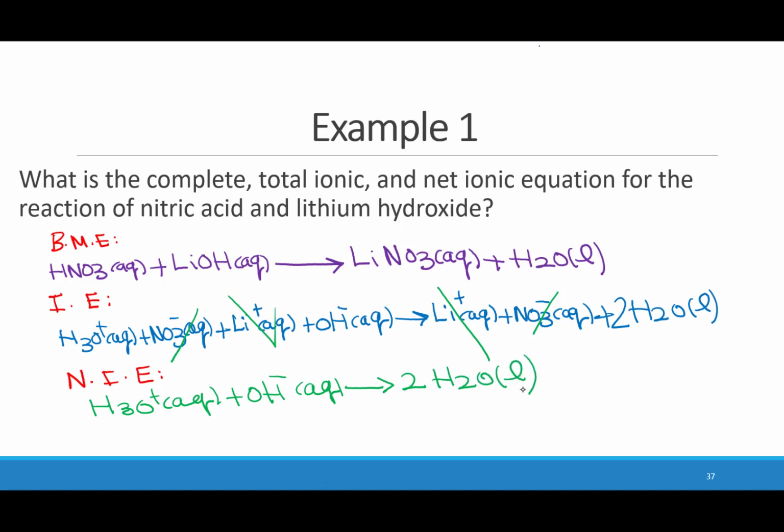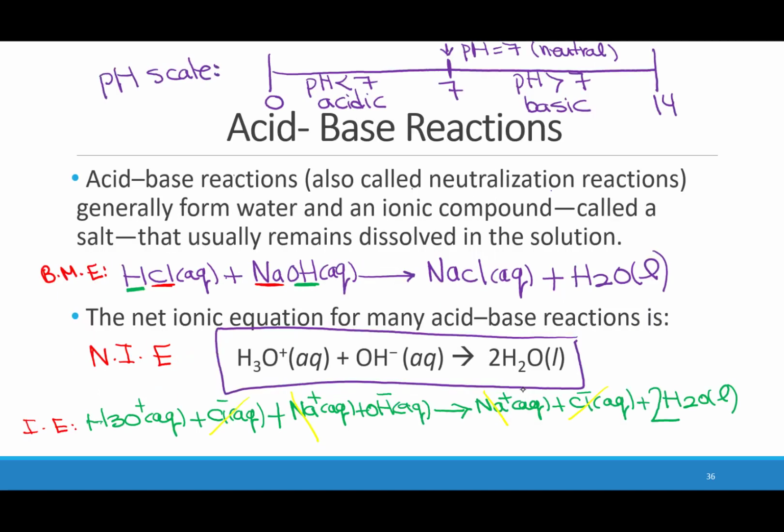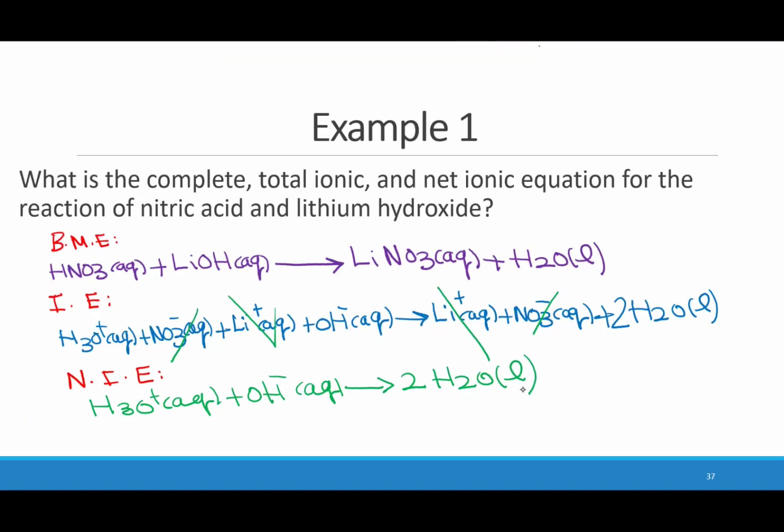This is the net ionic equation. Look here, I had a strong acid react with a strong base. Remember, in the previous slide I told you, whenever a strong acid reacts with a strong base, this will be your net ionic equation. There you go. This is again our net ionic equation.